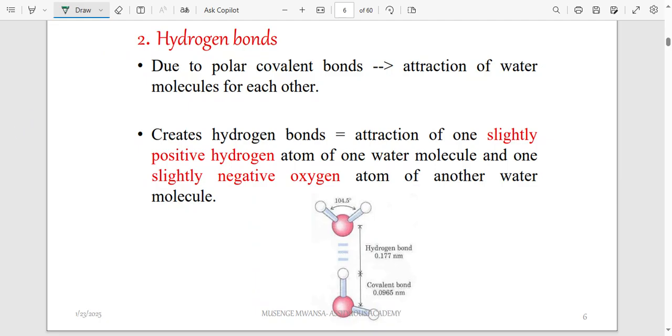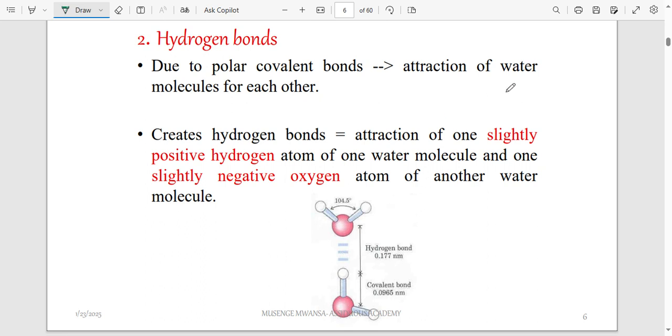Another property of water that we need to be aware of is that water forms hydrogen bonds. And this is due to the polar covalent bonds that are present in water, because water has got polar bonds. Those bonds which are polar are going to enable the water molecule to interact with other molecules.